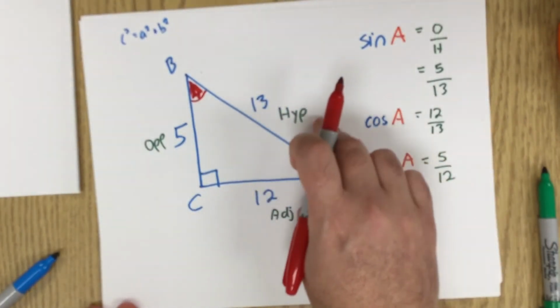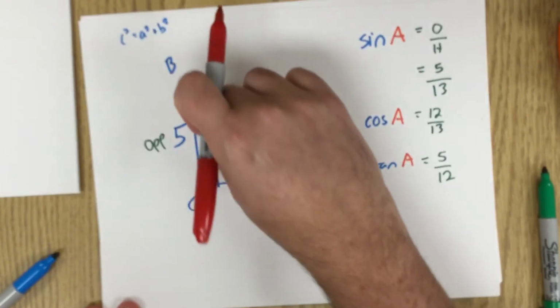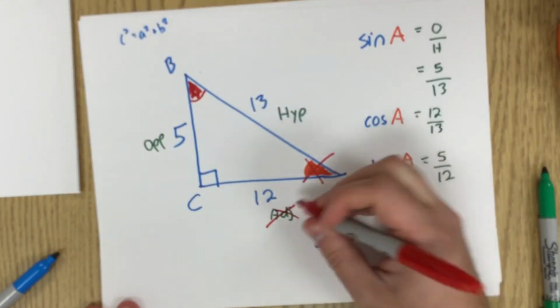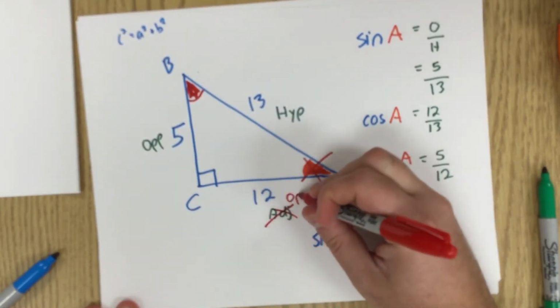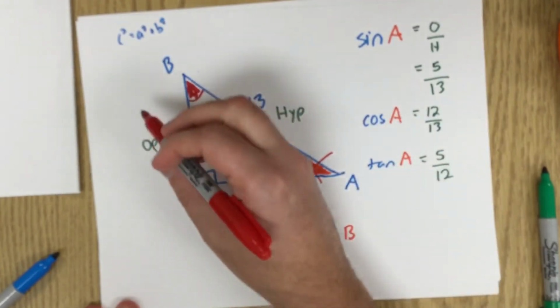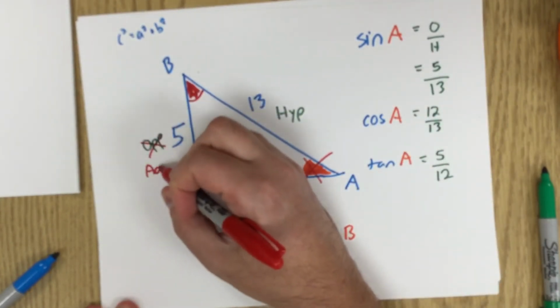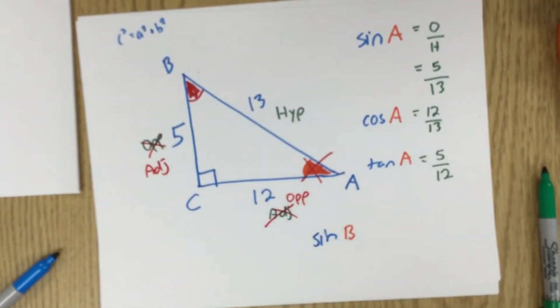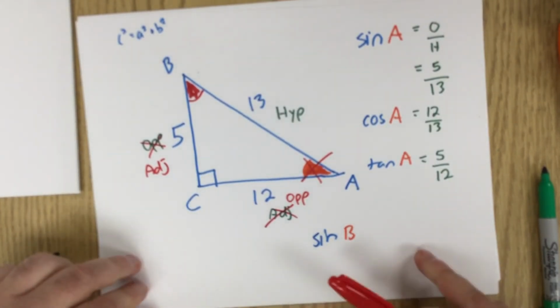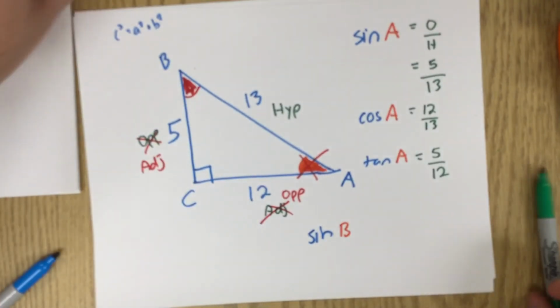The hypotenuse is still the hypotenuse, but now since that's our chosen angle, this becomes the opposite, and this one becomes the adjacent. So the definition of the opposite and adjacent changes depending on which angle we have chosen.